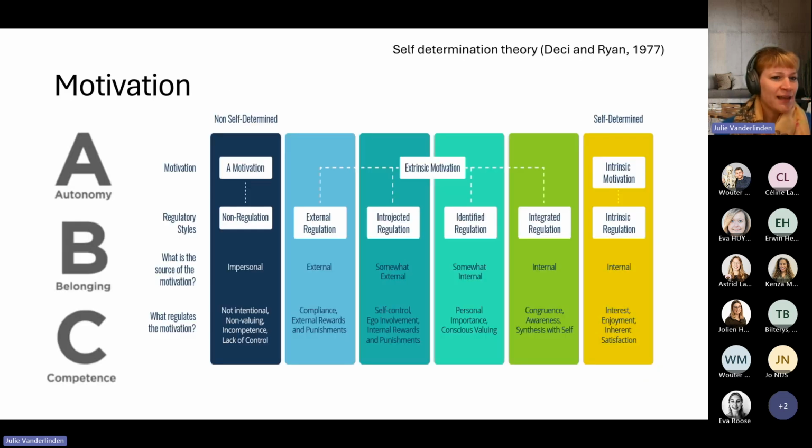As for motivation, I think I can be quite short, as we are all health providers. And I think in some way we had some information about motivation and self-determination theory. The most famous framework there is that from Deci and Ryan, which describes the spectrum of motivation, going from being amotivated to being intrinsically motivated.